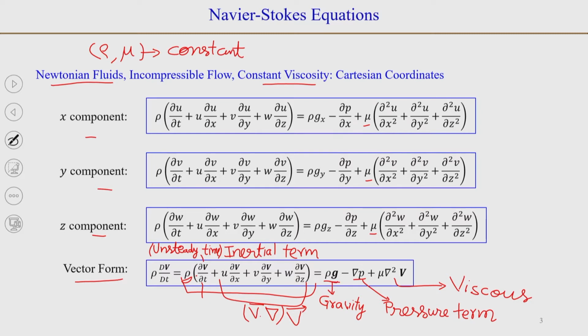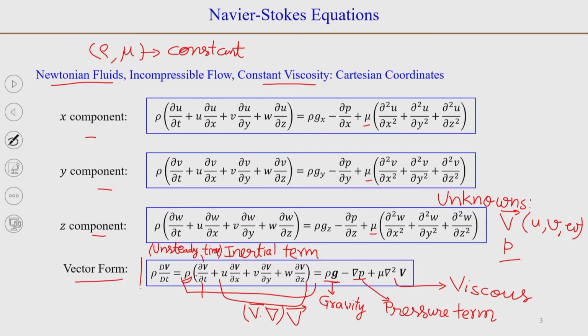So, if you look at the unknowns in the system of equations, they are the vector v, or in the component form you can write u, v and w, and another unknown is pressure P.